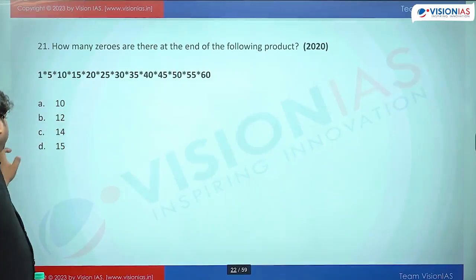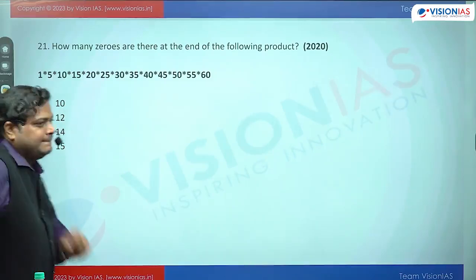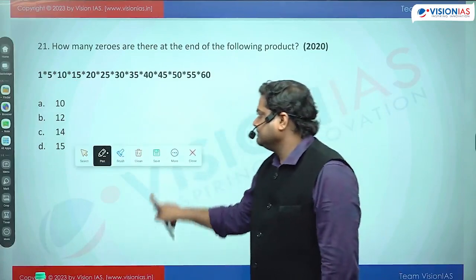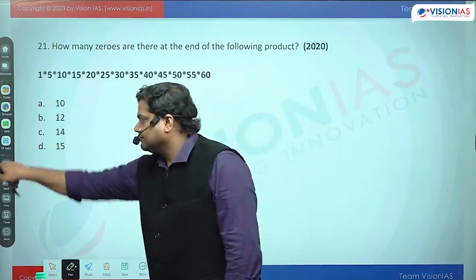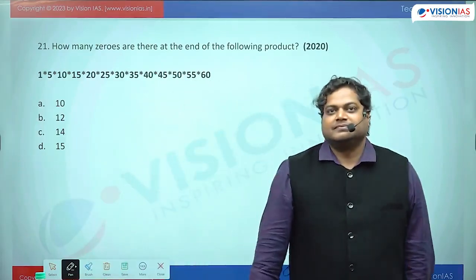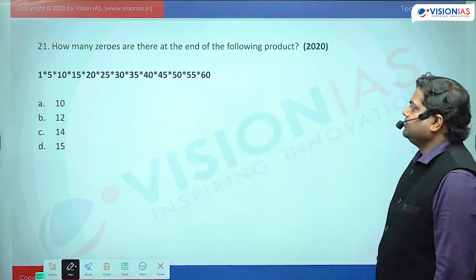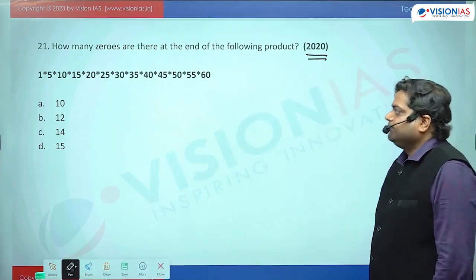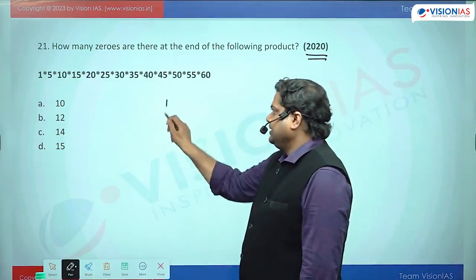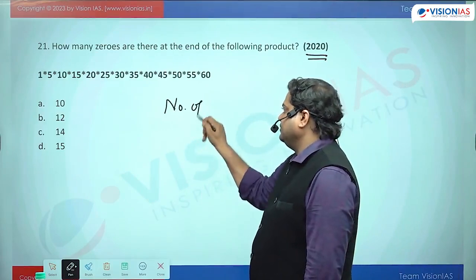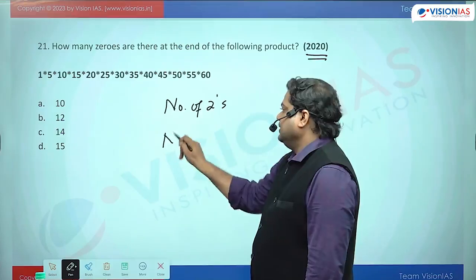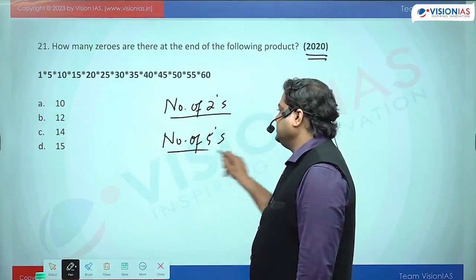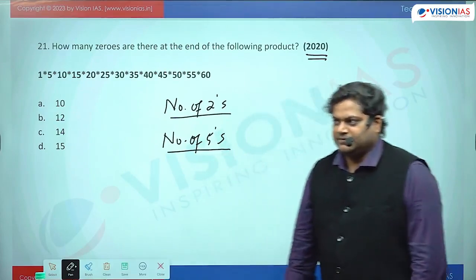See this question, let's do this also. This one we have already done. How many zeros are there at the end of the following product? So we can calculate the number of 2's and the number of 5's. We'll check which one is coming fewer times.